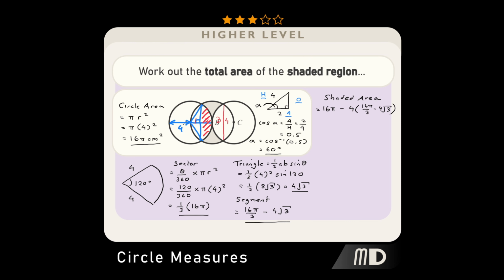We can simplify this by expanding the bracket to give us 16 pi minus 64 thirds of pi plus 16 root 3.